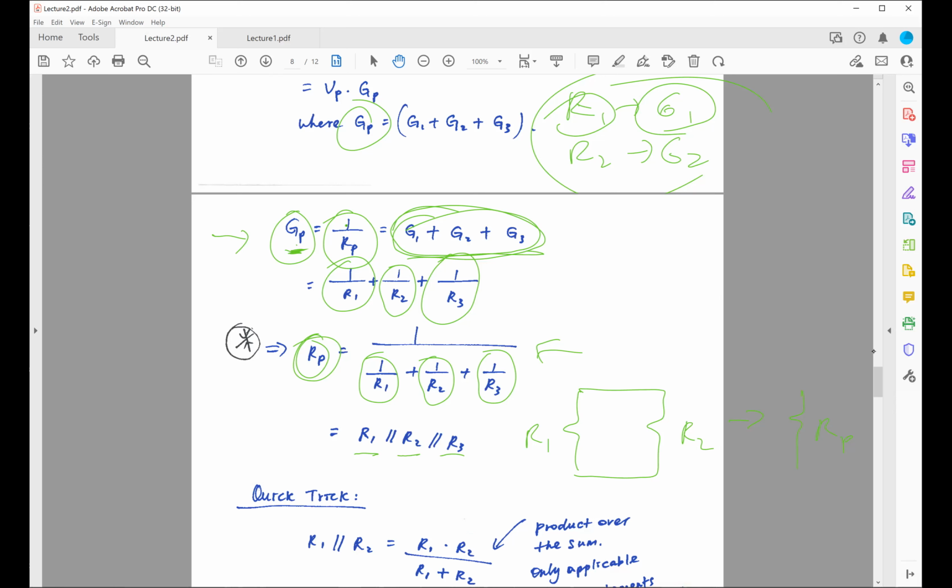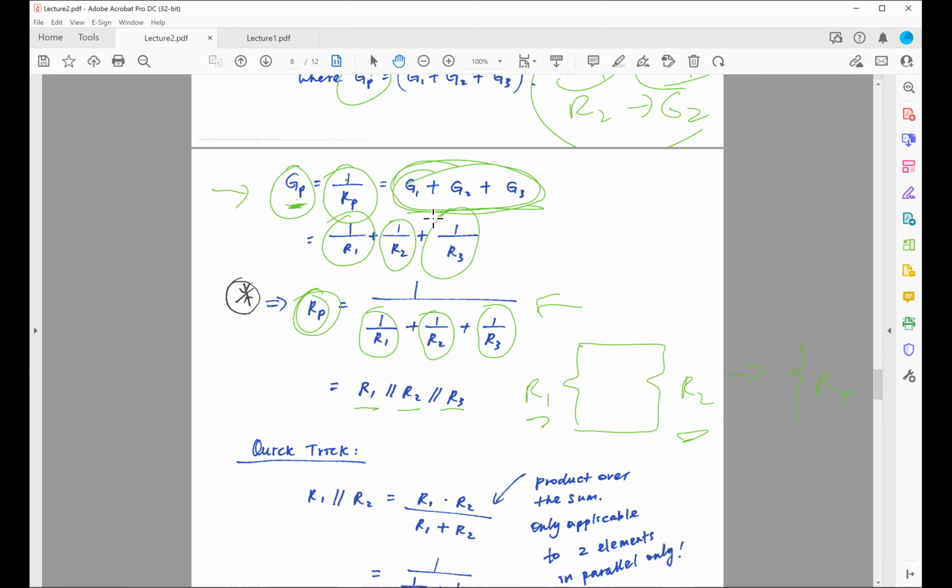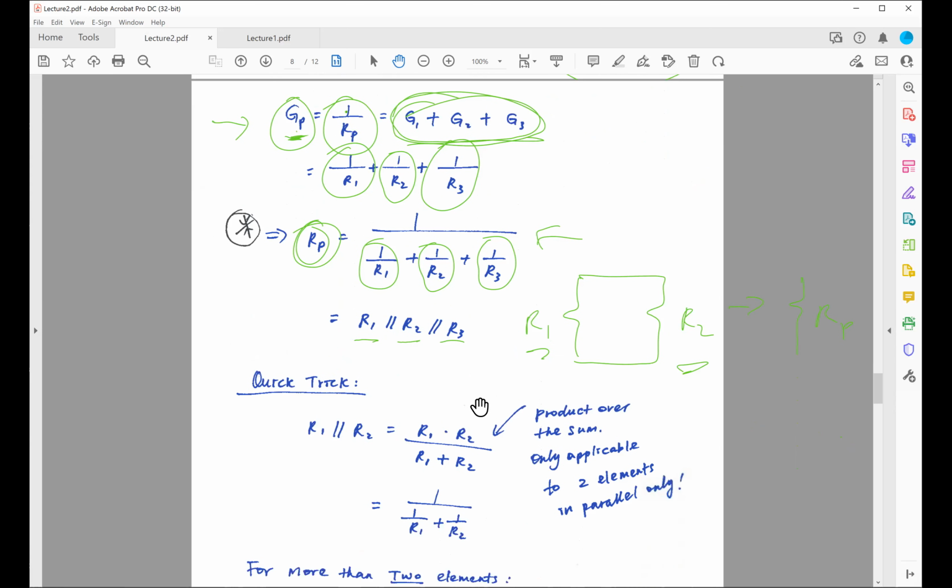So if I give you a value here, R1 and R2, you can just plug in 1 over R1, whatever that value is, plus 1 over R2, whatever that value is given to you. Okay. So one quick trick that I wanted to introduce here is that if you're dealing with just 2 resistors in parallel, instead of using 1 over R1 plus 1 over R2, you can use this product over the sum rule.